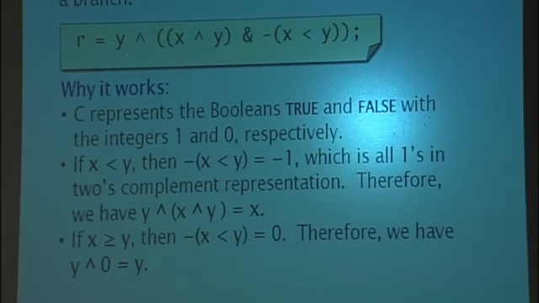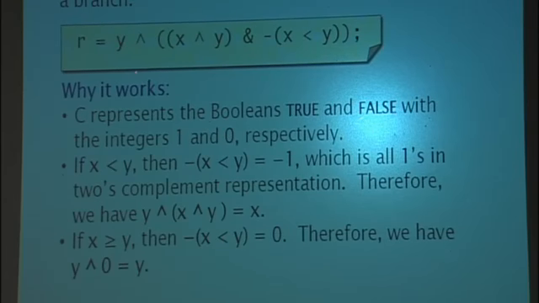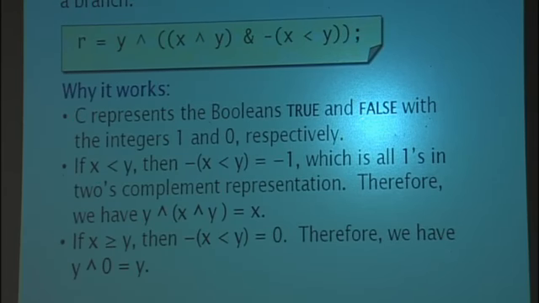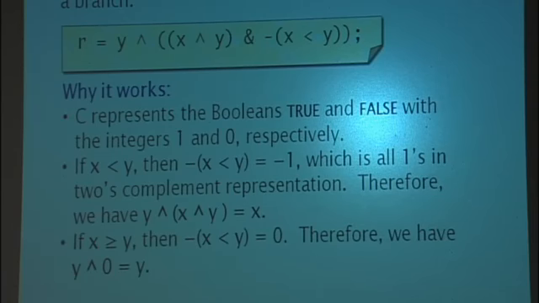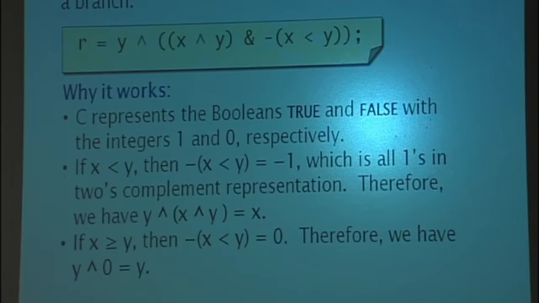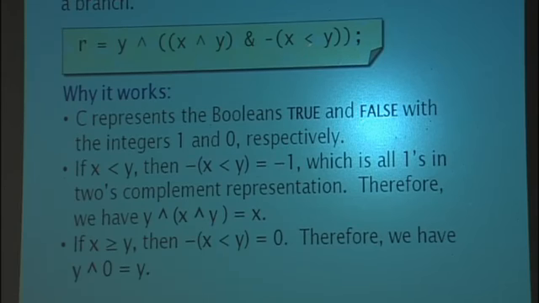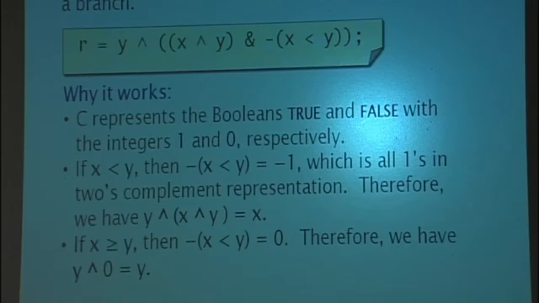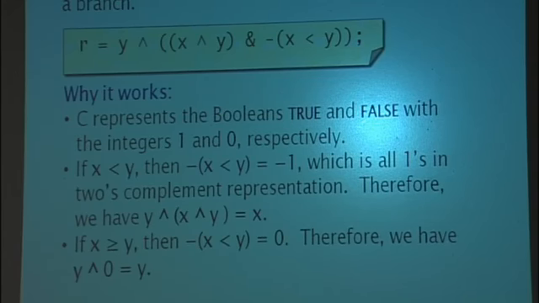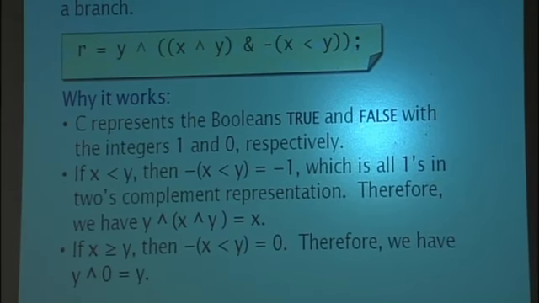Great. Then what? I take y here, and I XOR it. I get back x, because of that inverse property of XOR. Okay? So if x is less than y, then r gets the value of x. If x is greater than or equal to y, then this expression evaluates to 0. And a word of zeros ANDed with x or y gives you a word of zeros, because 0 is an annihilator for AND.